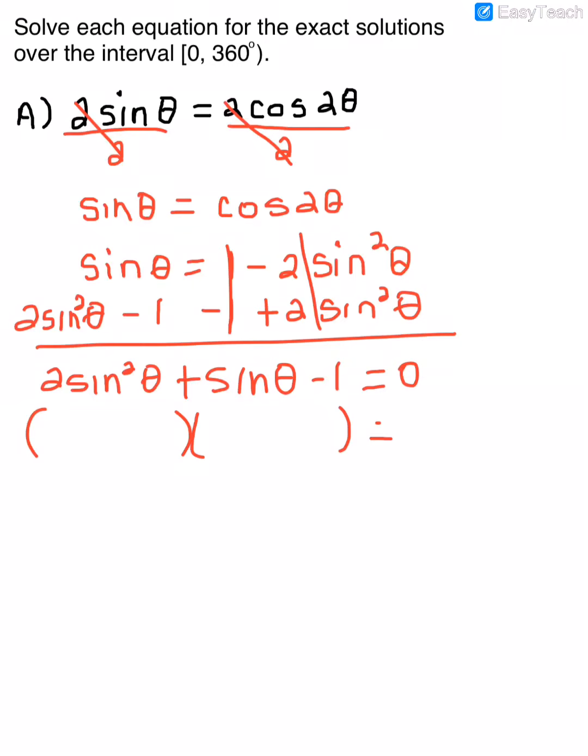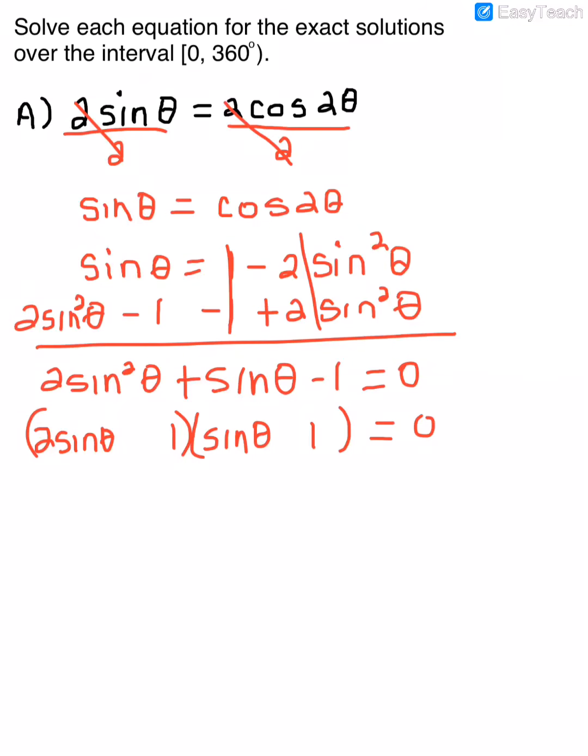All right, and now I can factor that. Since this is a trinomial, this would factor into 2 binomials. I would have 2 sine theta and sine of theta. The only factors of 1 are 1 and 1. Since my second sign in my trinomial is a minus, I know that the signs in my 2 binomials are going to be different.